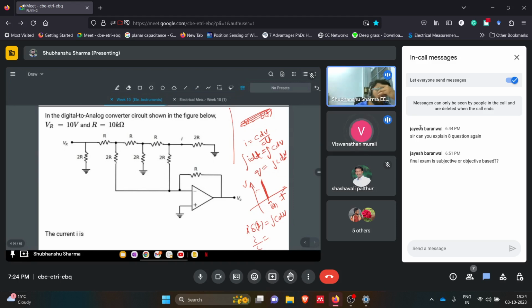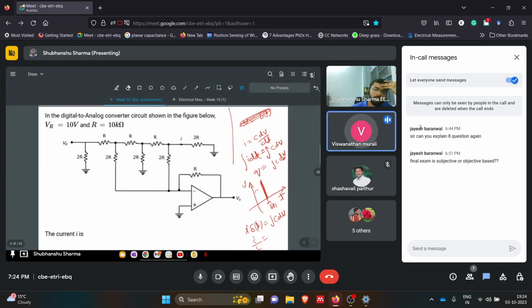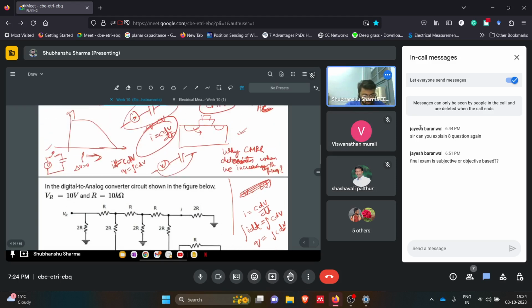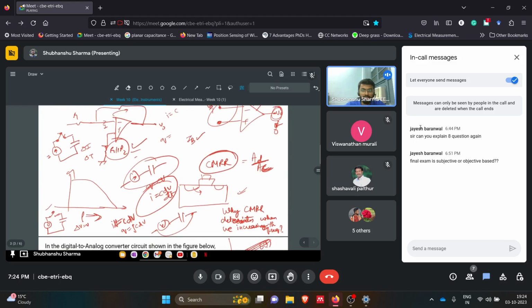But what happens actually is that new charge is introduced. We say the capacitor is not able to discharge that charge impulsively, so it has that retaining property.